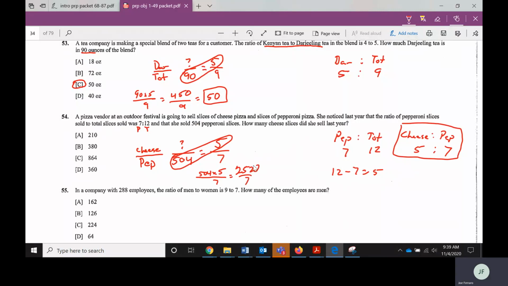We're going to divide that by 7, and we get 360. Okay, and that should make sense because if they're selling 7 pepperoni and 5 cheese, you should be selling more pepperoni. So the 360 is less than the 504 pepperoni.